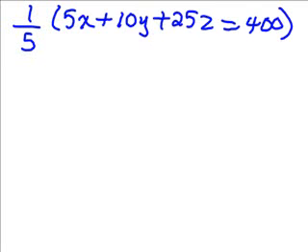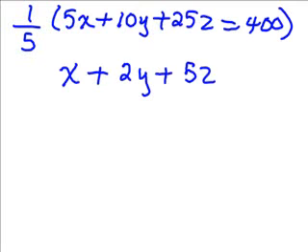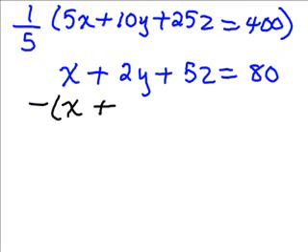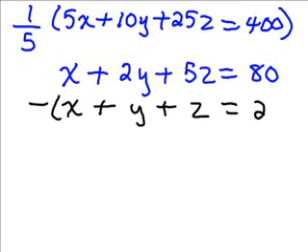If I divide every single term by 5, I end up with x plus 2y plus 5z equal to 80.